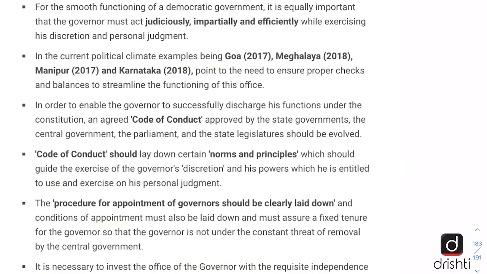Of late, the office of governor has come under a lot of controversy. But for the smooth functioning of a democratic government, it is important that the governor must act judiciously, impartially, and efficiently while exercising his discretion and personal judgment.